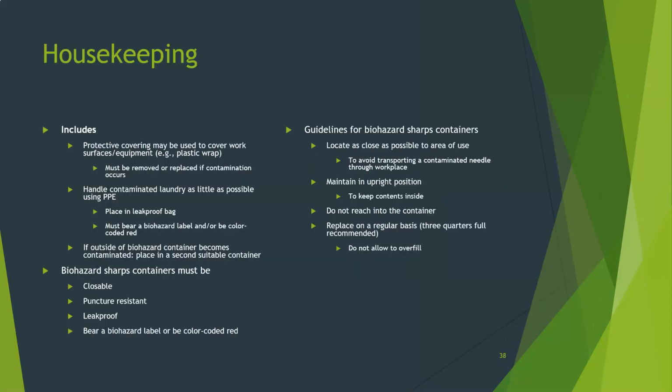And that's required within OSHA, that you have housekeeping guidelines. Specific things include how each of these can be handled, handling contaminated laundry, anything that has to do with potential for biohazard conditions has to be included in your housekeeping policies and procedures.